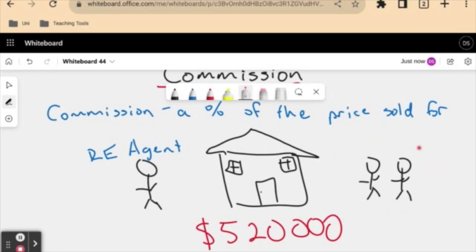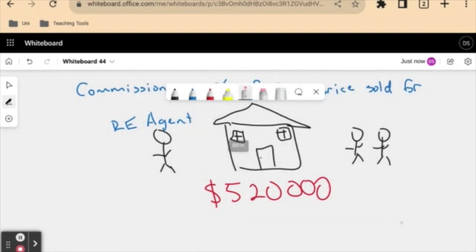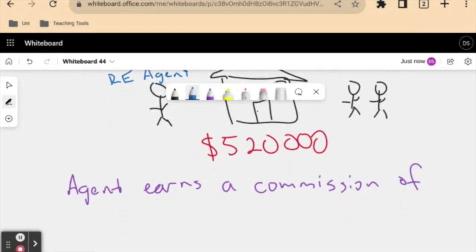And I don't know what the regular commission is for a real estate agent, but let's say that this agent earns a commission of 5% on all properties sold.